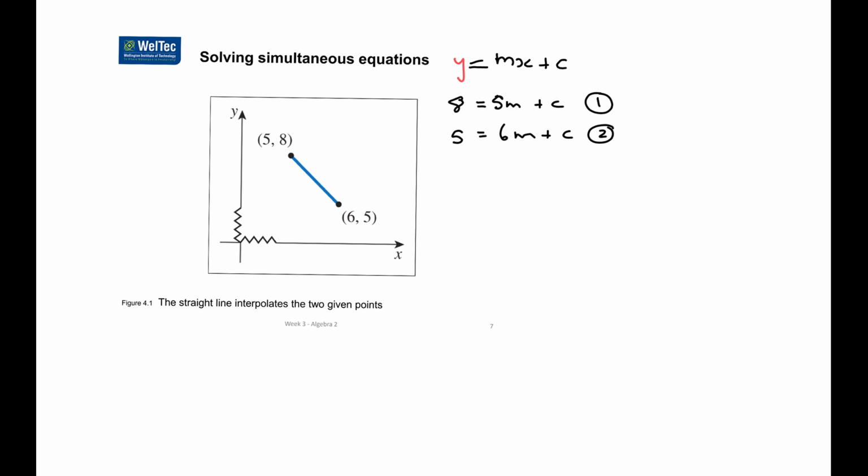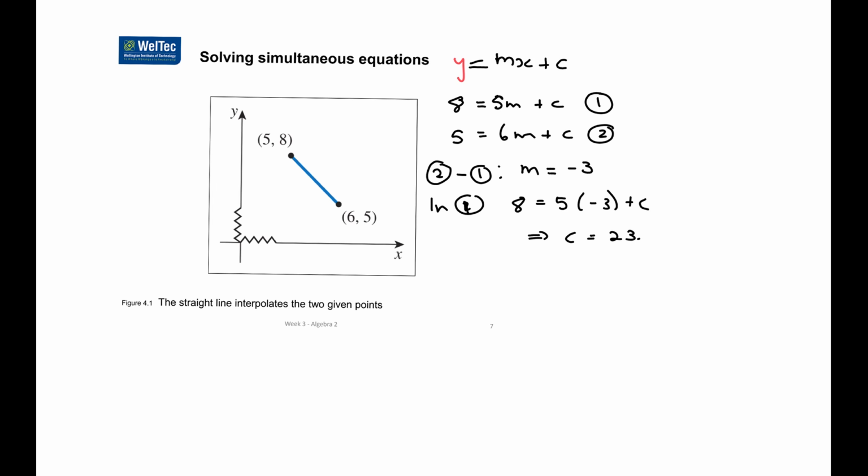This is a fairly straightforward one. If we take equation 2 and subtract from it equation 1, then we get that m equals -3. And then we can put that into 2 maybe. Maybe we can put it into 1, doesn't matter. So that 8 equals 5 times -3 plus c, and it will tell us that c is equal to 23.